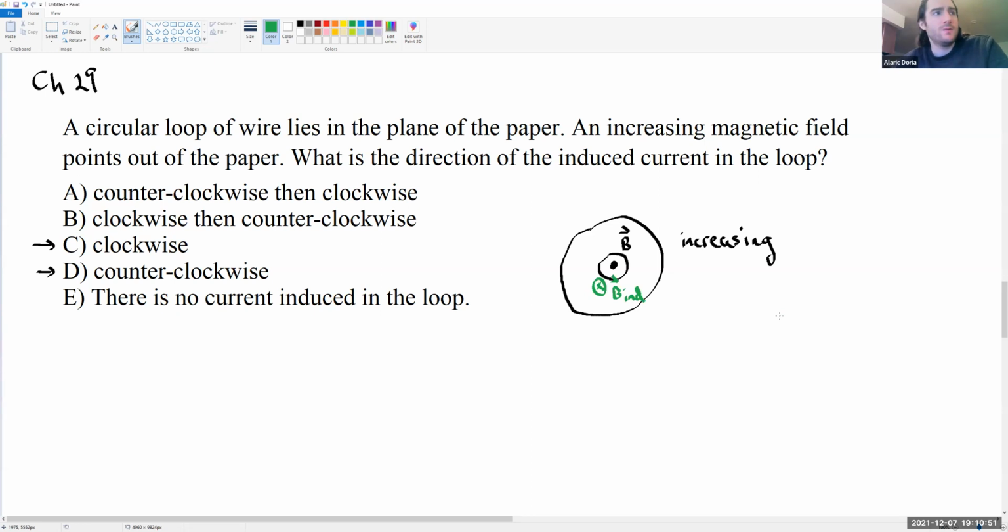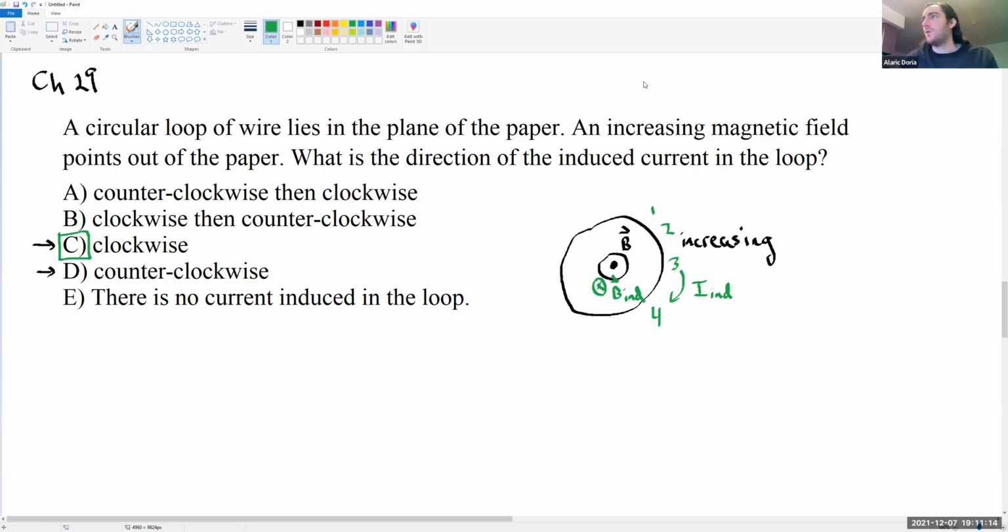And since that's the case, we can use the right hand rule to get that the current is actually going around in this direction here. So this is the I induced here. And correct me if I'm wrong, but this is 1, 2, 3 o'clock, 4. This is clockwise, right? So the answer here is C, clockwise.